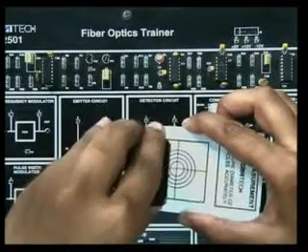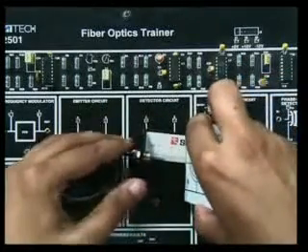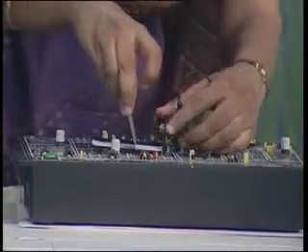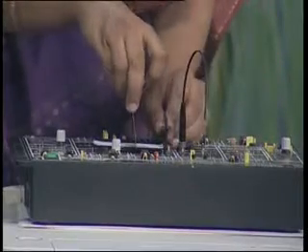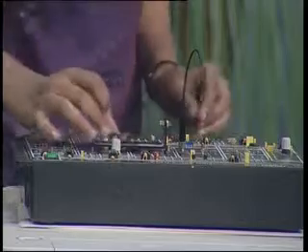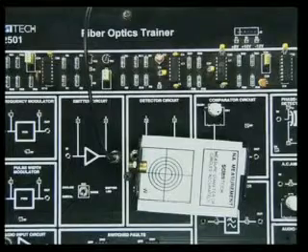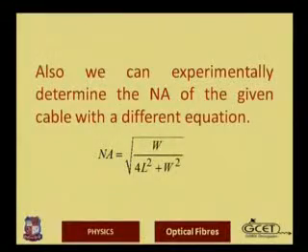The first circle has a diameter of 10 millimeters. I'll measure the distance from the fiber optic cable to this particular diameter plate, and that distance is L, and the diameter is W. With this we can put the values into the equation and find out the numerical aperture with W and L. This numerical aperture can be compared with the theoretical values of core and cladding with refractive indices n1 and n2, and this plays a very important role.